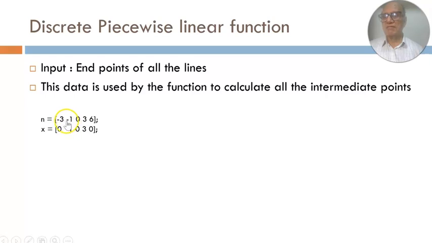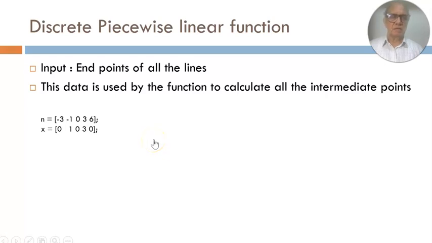Note that the intermediate values will be provided by the function itself. For example, we know that for discrete signals, n will change by a unit value for every new value. That is, from -3 it will go to -2, then -1, then 0, and so on.